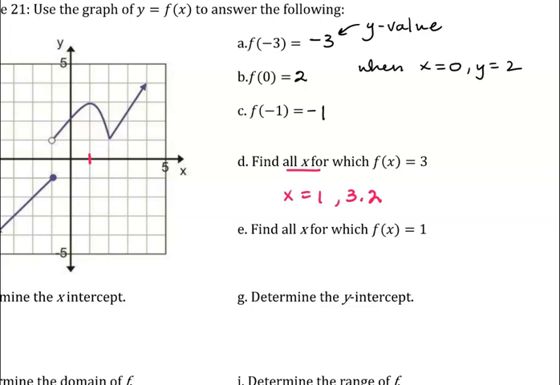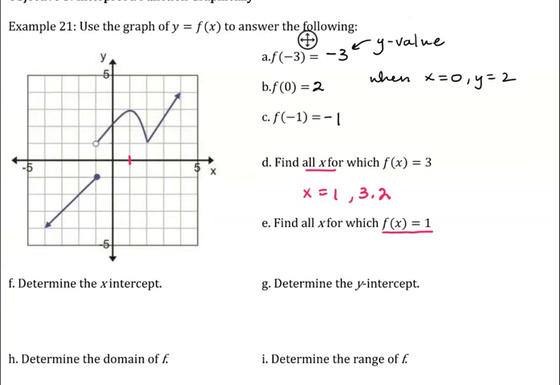Let's do the same thing where we find the x values for which the function value is 1. Well, if the function value is 1, the y value is 1, so I'm talking about here. We will not include that open point because open means excluded. So we will not say negative 1. That would be wrong because that's an open point.